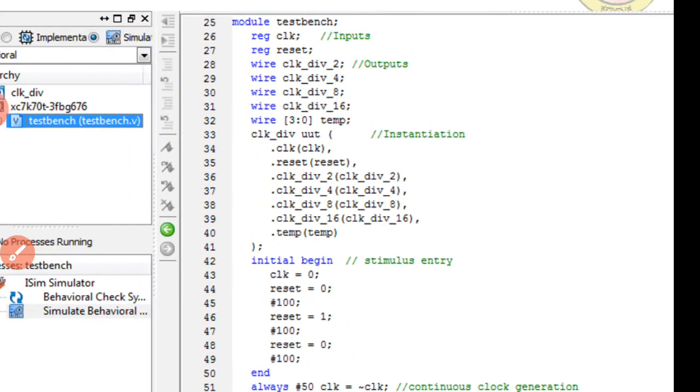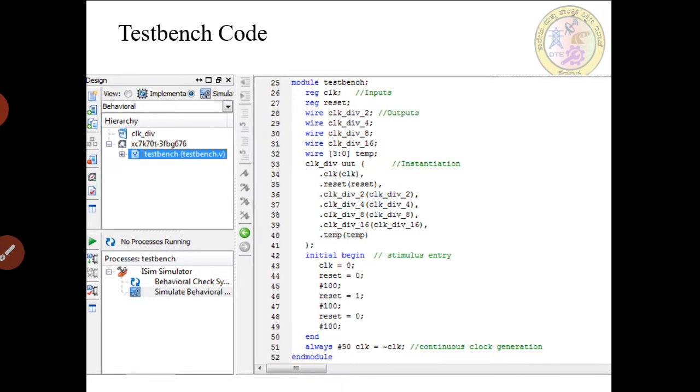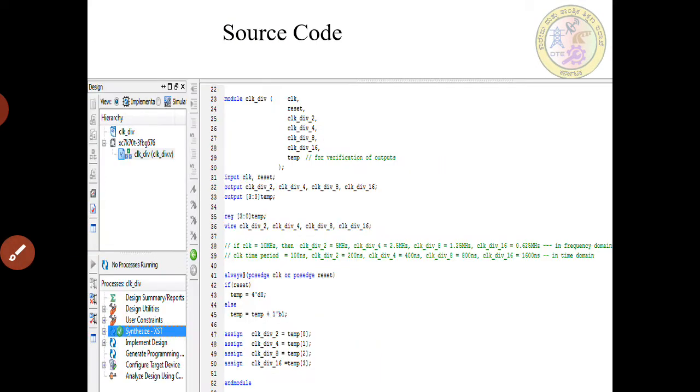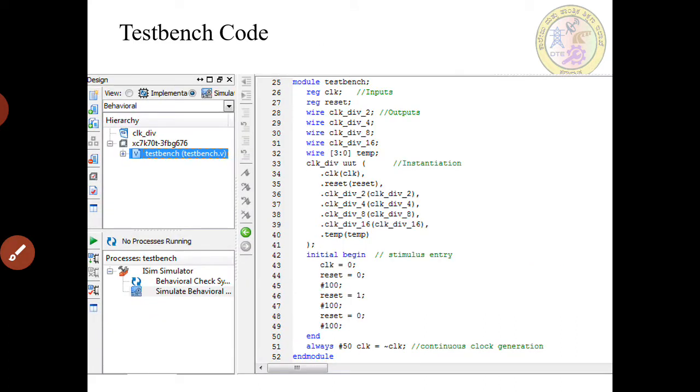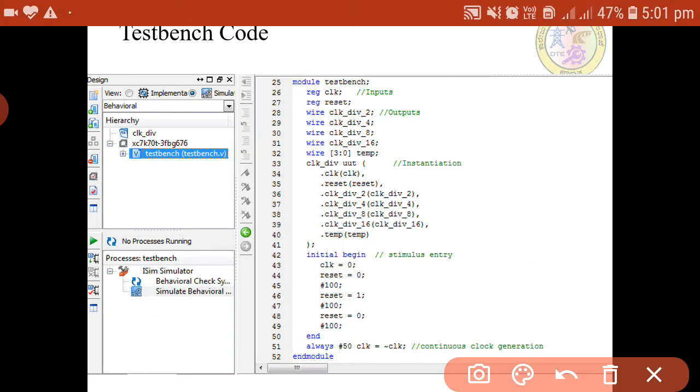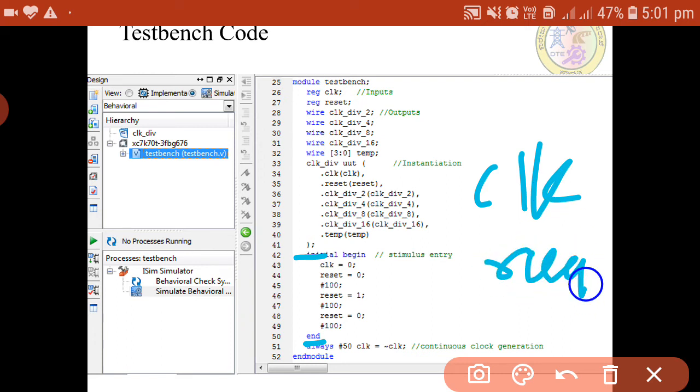And here we are giving the inputs. Within the initial begin, we need to give the inputs. What are the inputs? One is clock and one more is reset.